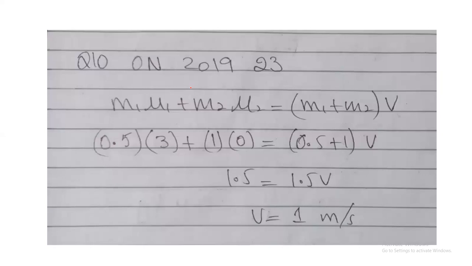So M1 U1 plus M2 U2 is equal to M1 plus M2 into V. So you will have 0.5 multiplied by 3 plus 1 into 0 is equal to 0.5 plus 1 into V. So you will have 1.5 is equal to 1.5 V. So 1.5 divided by 1.5, so V value will be 1 meter per second.